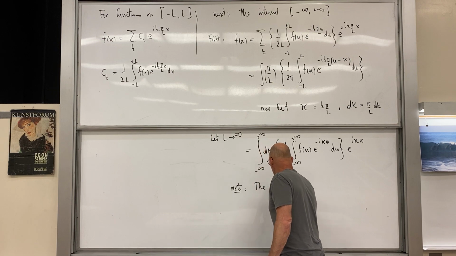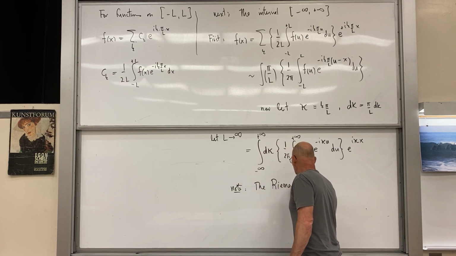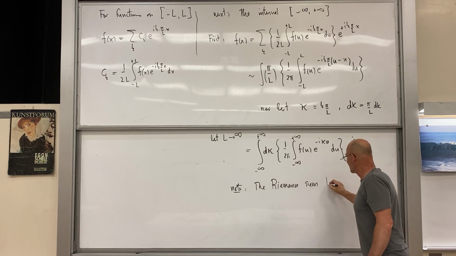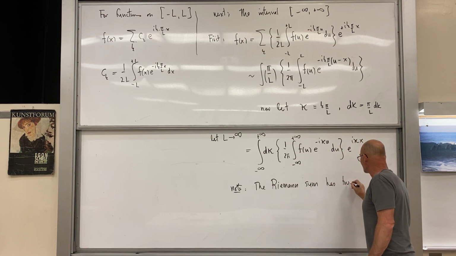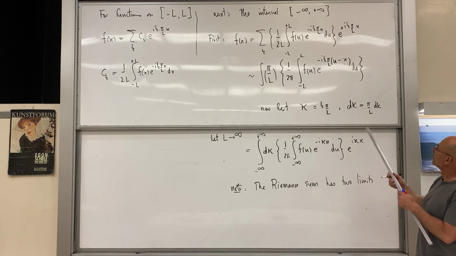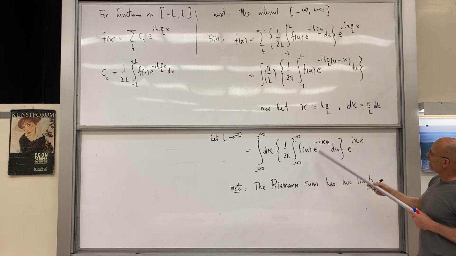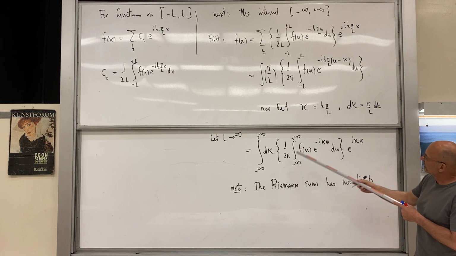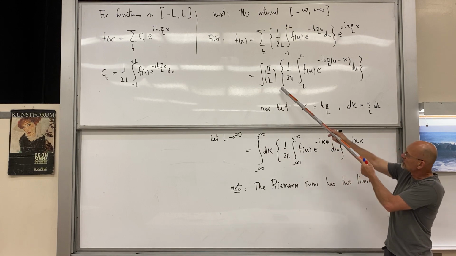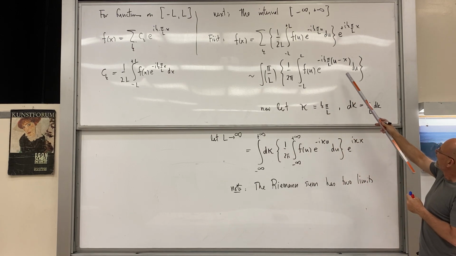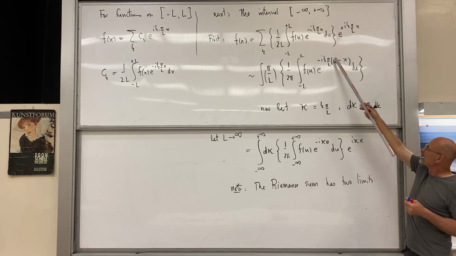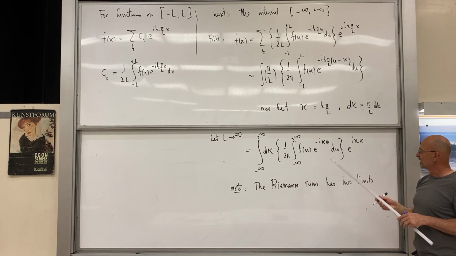The Riemann sum has 2 limits. And I'll talk about the problem right now. You're having a limit from minus infinity to plus infinity on the first one here, which was your sum, and you have it for this pi over L. You can't just take that limit without getting pi over L to vanish.